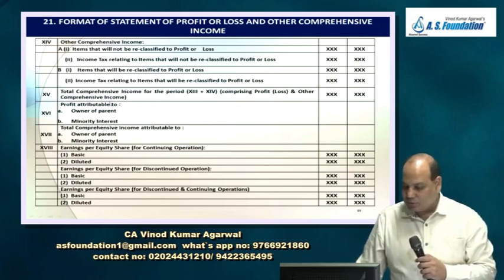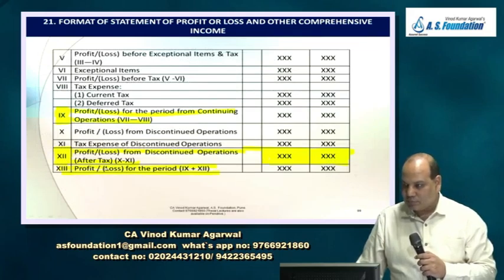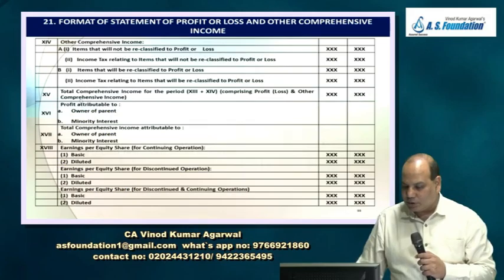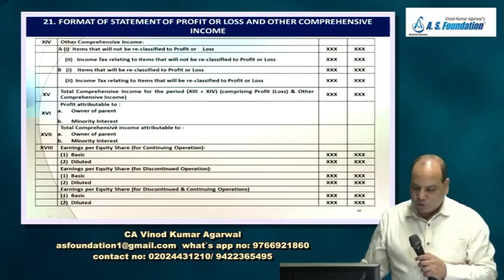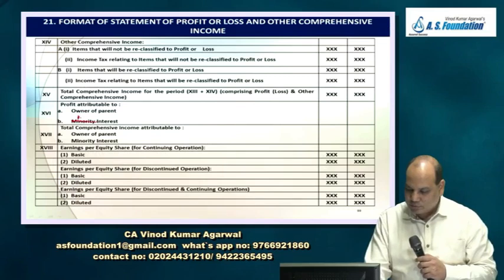And then as we have discussed, if you are preparing the consolidated financial statement, you will divide this profit, point number 13, profit for the period, into two parts: owner of the parent and minority interest or non-controlling interest, right? Non-controlling interest.